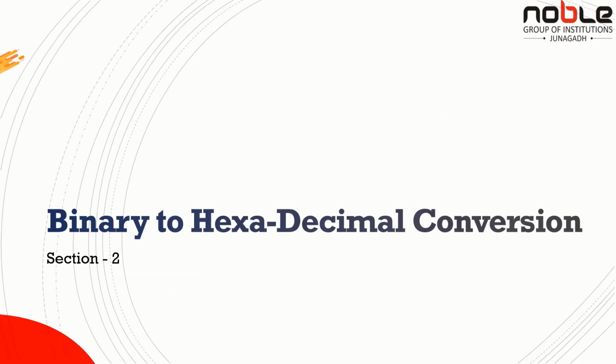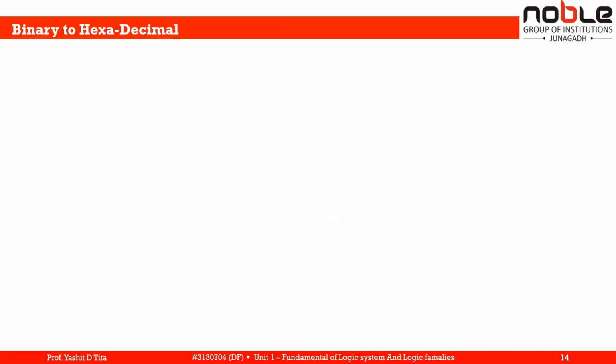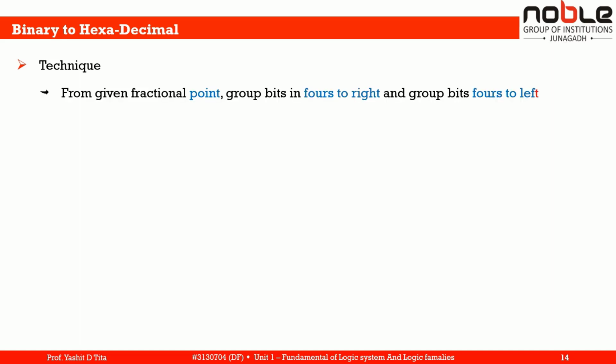Let's move on to section 2, binary to hexadecimal conversion. Technique: from the given fractional point, group bits in fours to the right and group bits in fours to the left.